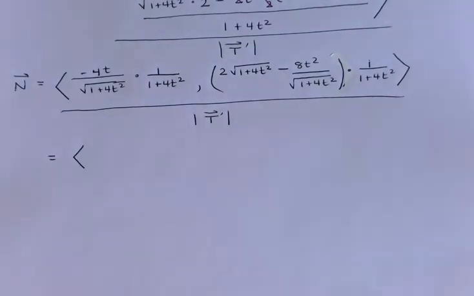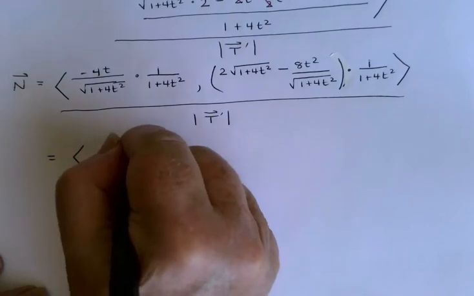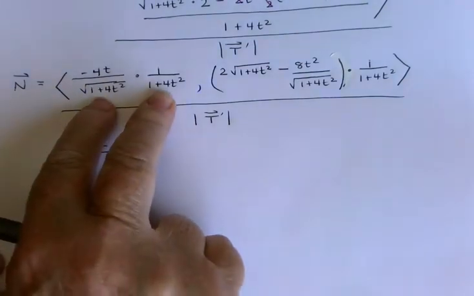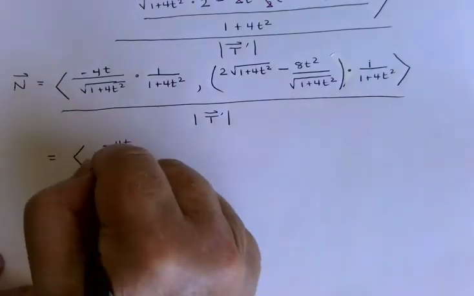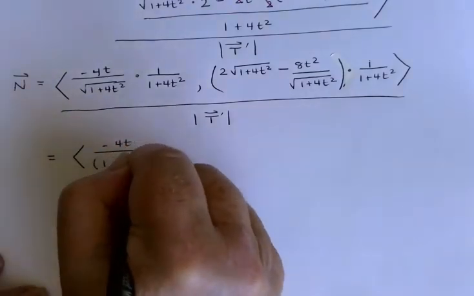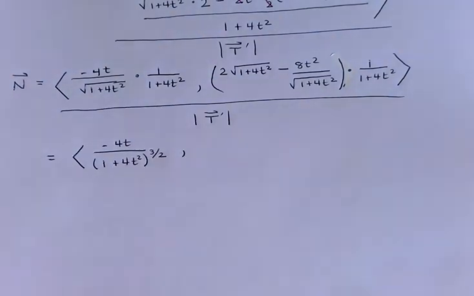So let's see what we've really got here. This would be negative 4t. And I can multiply these together. That's just a first power times a 1/2 power, which would give me the 3/2 power. Makes that one a little bit nicer.